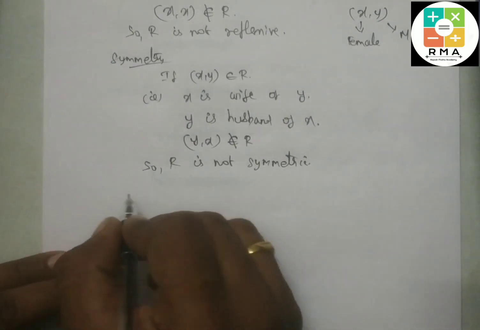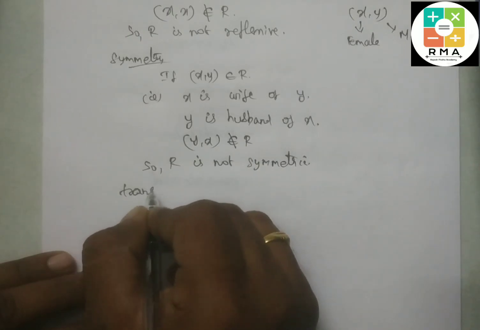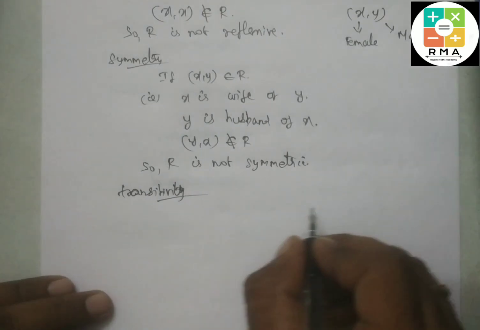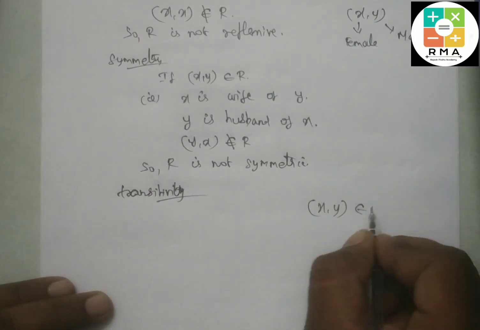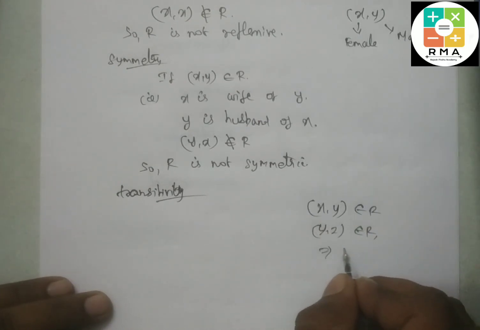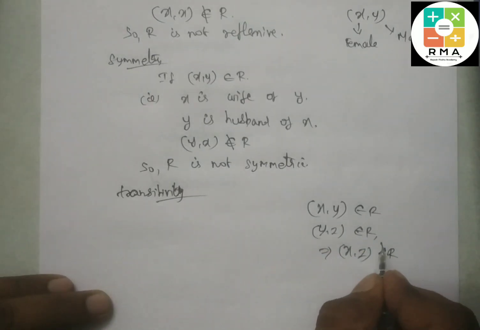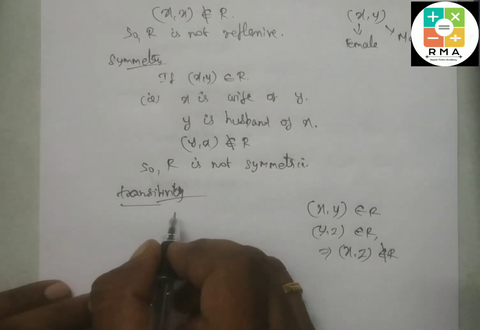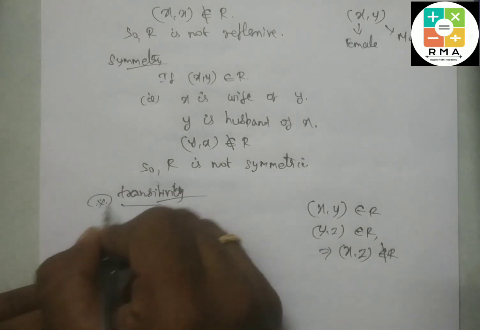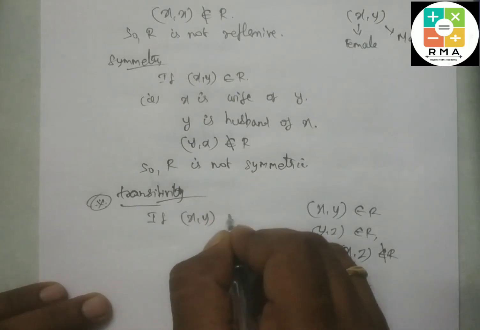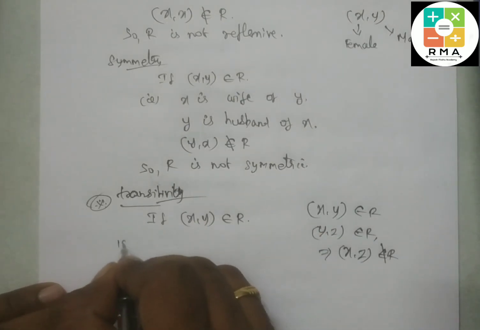What about transitivity? Transitivity means I need to show that (x, y) belongs to R and (y, z) belongs to R, then this would imply (x, z) belongs to R for transitive. If this does not belong to R, I can say that it is not transitive. See here, a very important case and a very confusing case. If (x, y) belongs to R, what is the meaning of (x, y)?